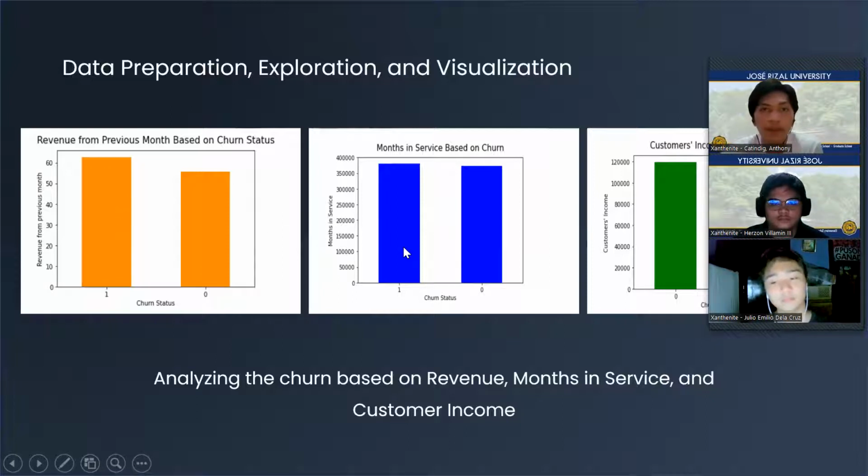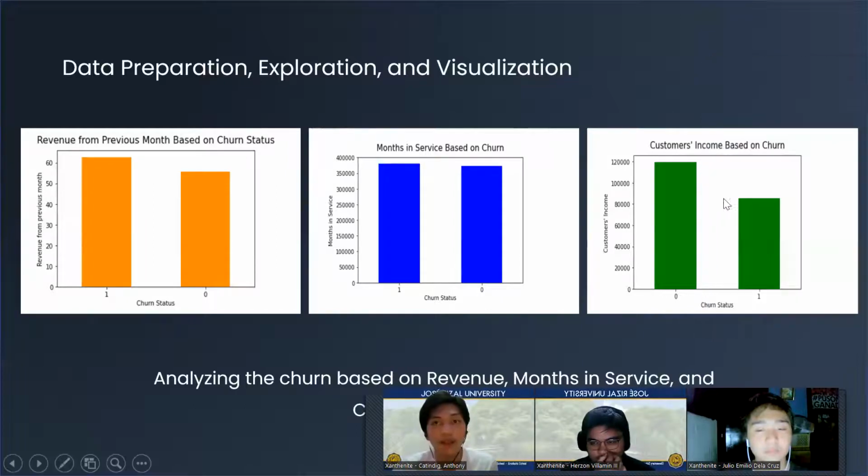In terms of months in service, those who have had longer service in previous months also churned. And lastly, for customer income based on churn, it doesn't seem to affect the churn status at all, since those who have higher income didn't churn.